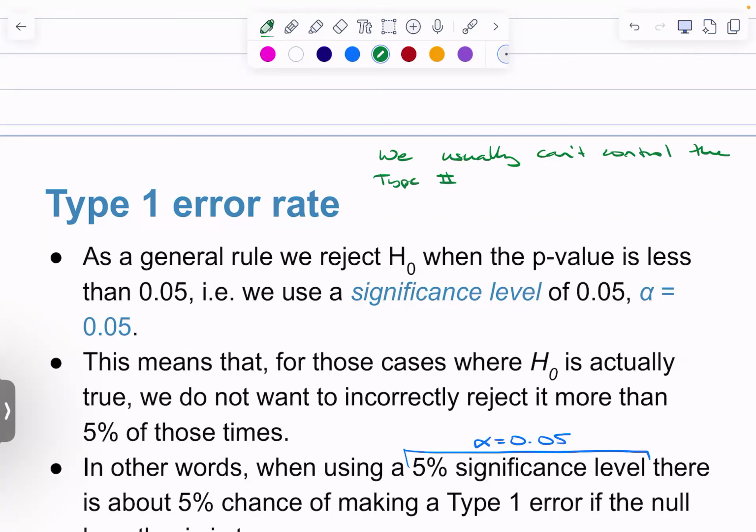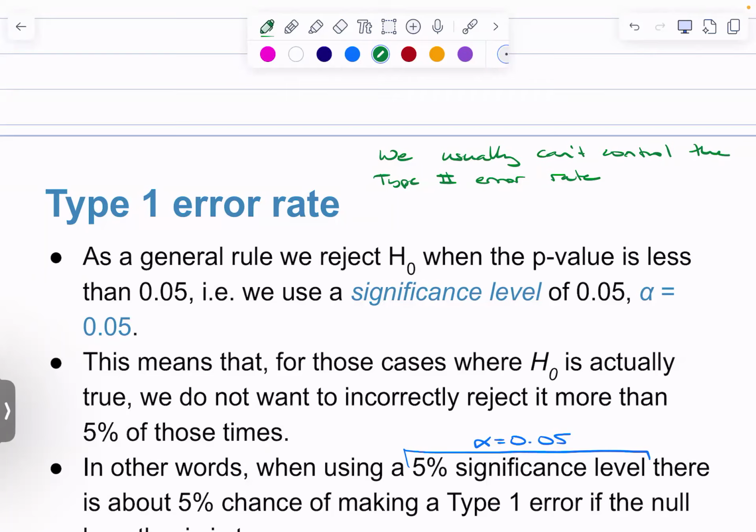We have control over that. Remember, a type 2 error is when I fail to reject H naught when I should have rejected H naught.